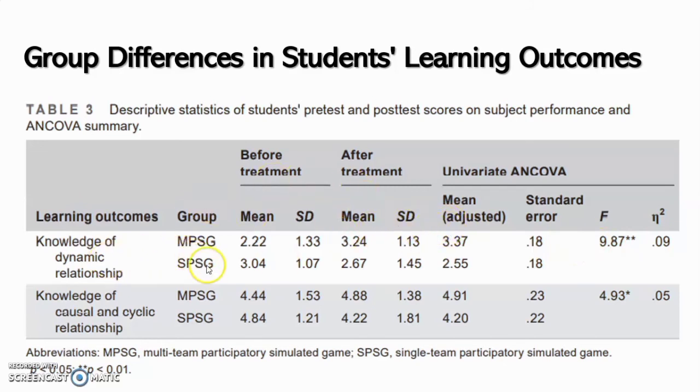The results also showed that statistically significant differences were found for students' knowledge of causal and cyclic relationships, where the value equals 0.05, indicating that the effect size was between small and medium.